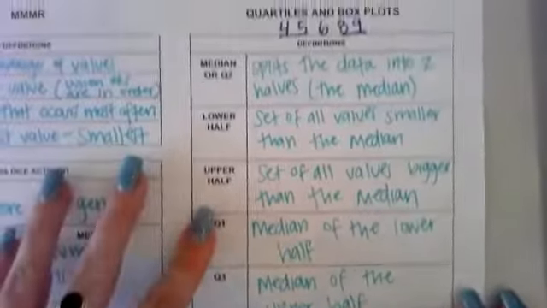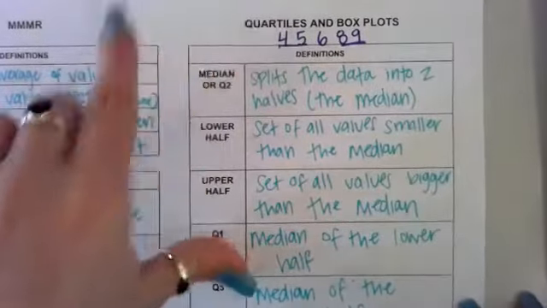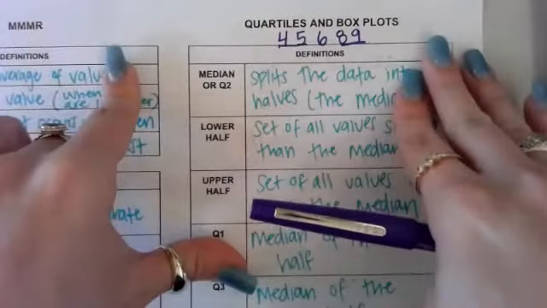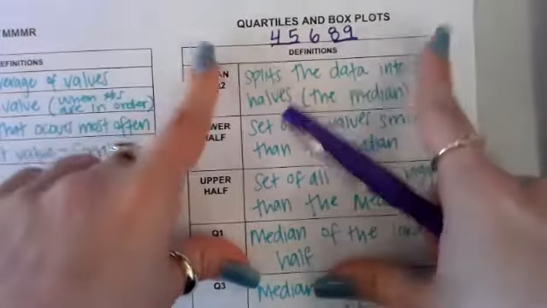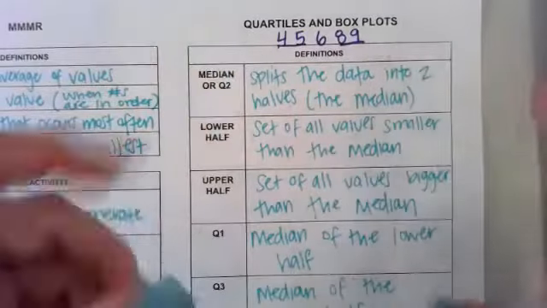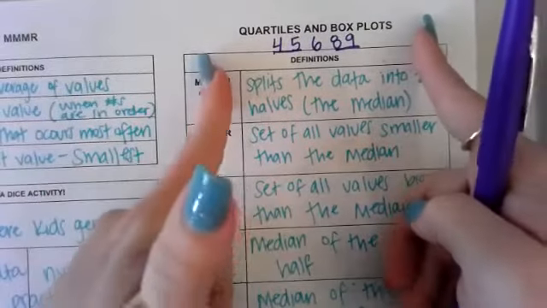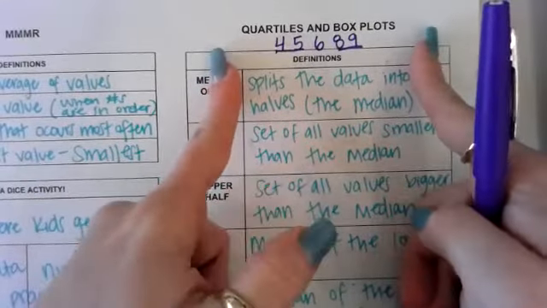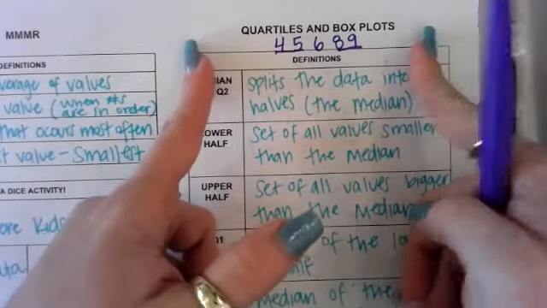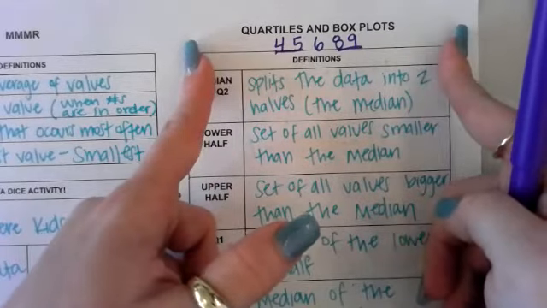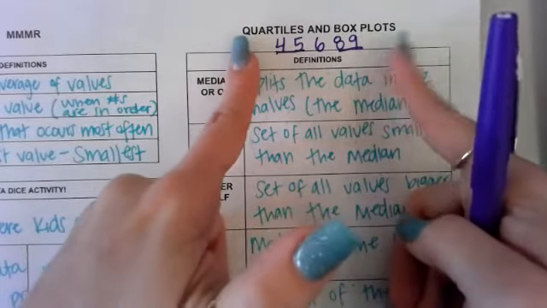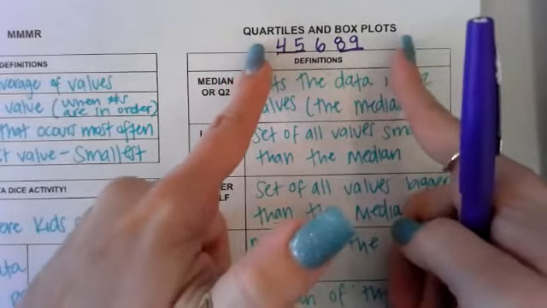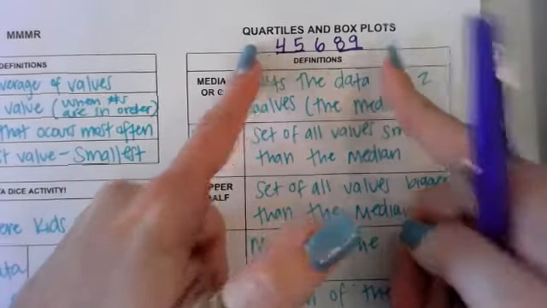For example, not with this example, but let's say I had a bunch of your grades from quizzes or tests. The IQR shows where the majority of students range with the grades, because somebody may have gotten a 20 and someone may have gotten a 100, but the majority of you maybe got between a 70 and an 80 or a 70 and a 90. That smaller range is what's called the interquartile range.